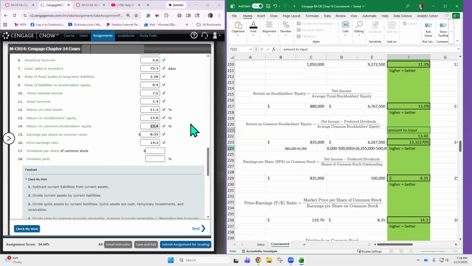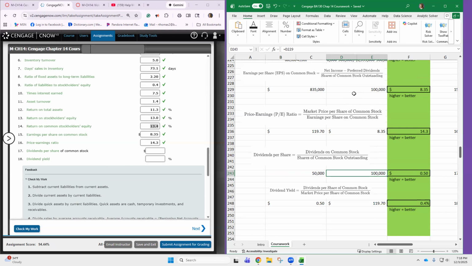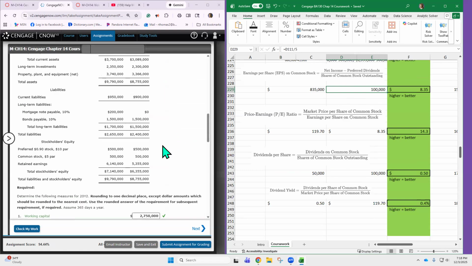All right, we're almost done. Dividends per share of common stock. So what we want to do is take the dividends that we send out to common stock, that's 50,000, and then shares of common stock outstanding. We've already figured that out up here. Remember, it is the common stock amount divided by par, right? 500,000 divided by 5.